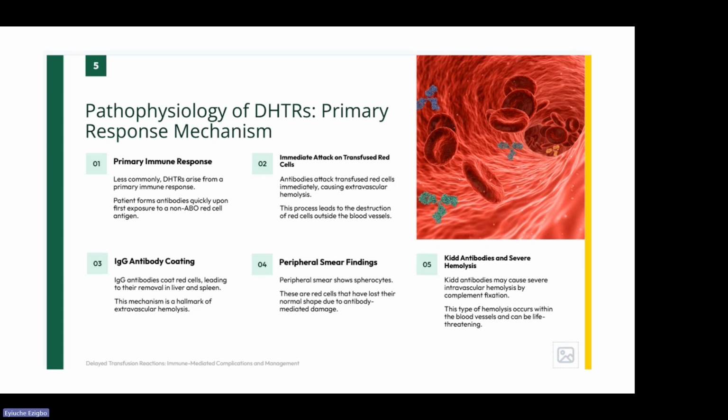It's less common, okay? Delayed hemolytic transfusion reaction arises from a primary immune response. Patients form antibodies quickly upon first exposure to a non-ABO red cell antigen. So the first time the patient is exposed to the non-ABO antigen, the patient is able to form antibodies immediately. That's the primary response mechanism.